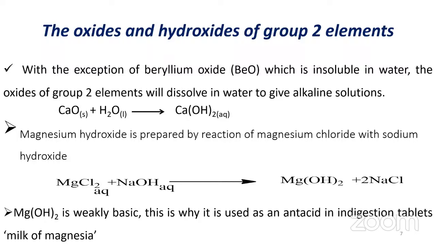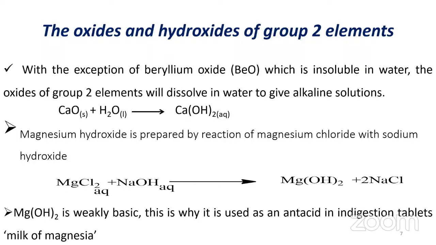But the others, they will react with water to form alkaline solutions. And as we go down the group, the alkalinity will increase, because as you go down the group, the elements become more basic.